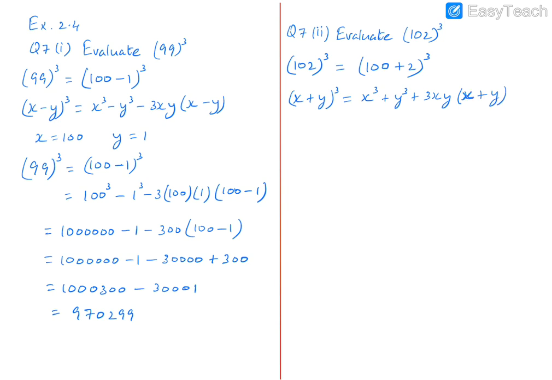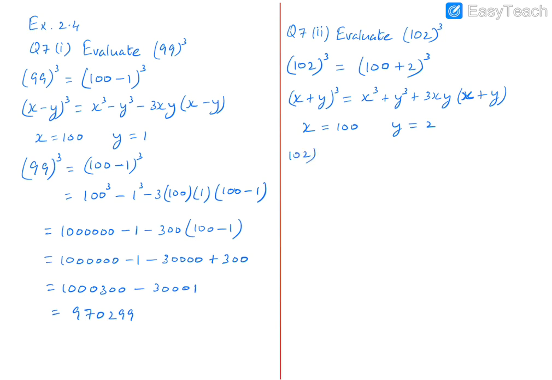Okay. So now in place of x we have 100, and in place of y we have 2. So we just need to substitute in place of x and y.